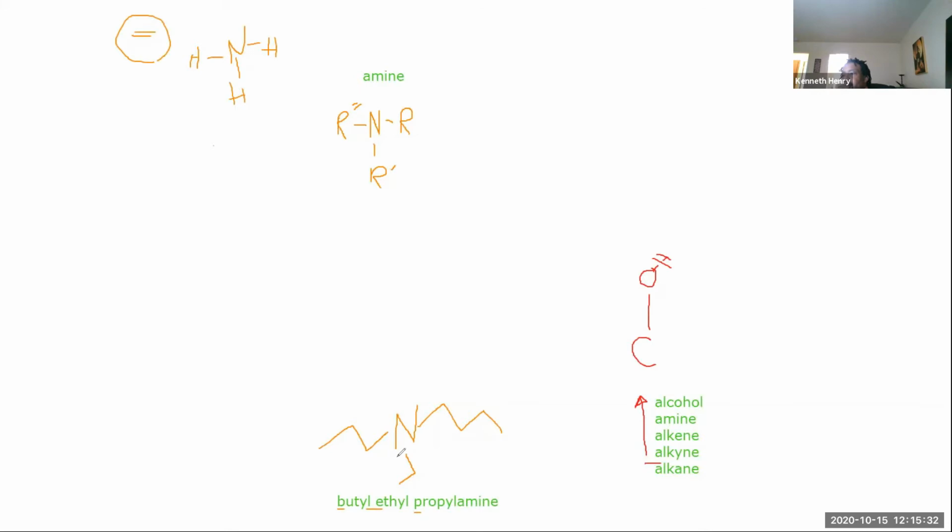So let's say we had, let's do this. 1, 2, 3, 4, 5. So what would that be?